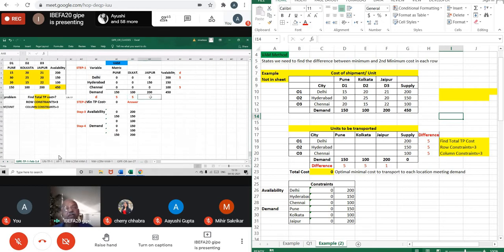As well as Jaipur, it is 1. Which one? 21 and 22 difference, correct? Yes, sir. And Hyderabad, I don't want the difference. So in 1, the minimum is 21. How many more do you want? So 50.